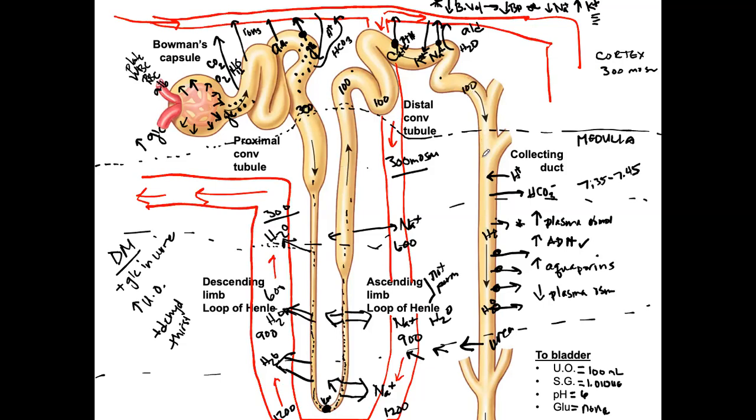And then once it hits the collecting duct, depending on how hydrated or dehydrated you are, it can get really concentrated again. So it can stay at 100, it's usually around 300, but it can go up to 1200, okay? So this would be really concentrated urine.